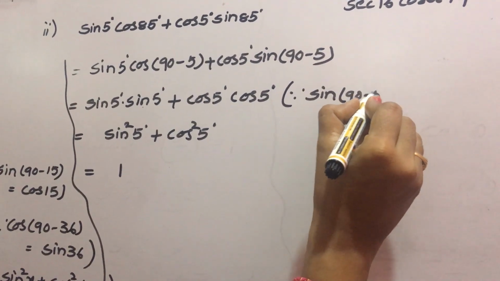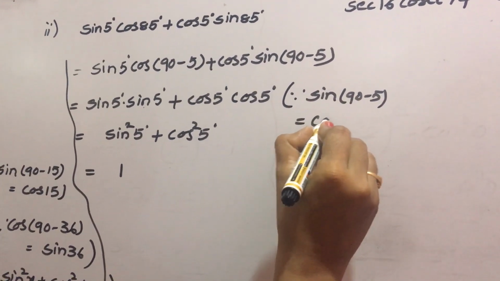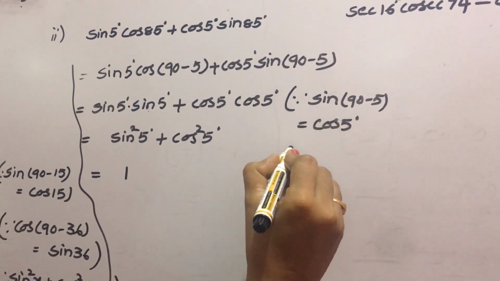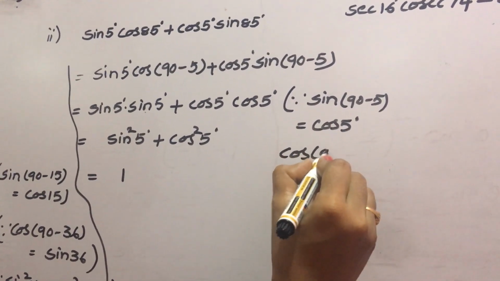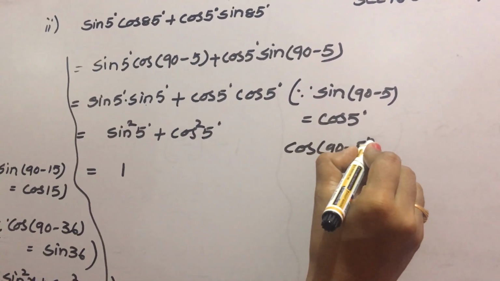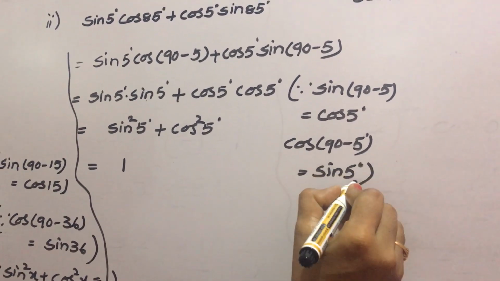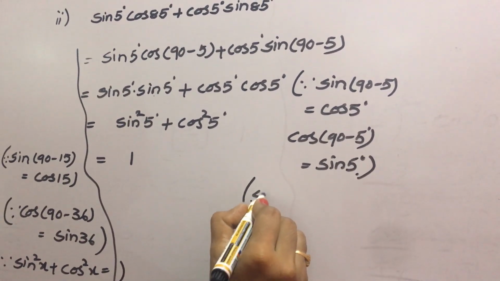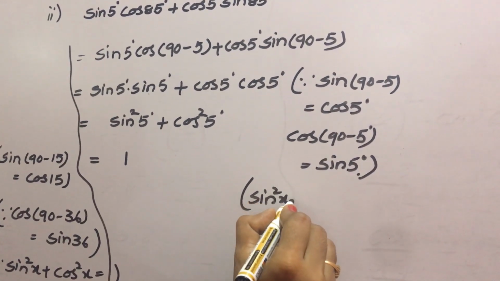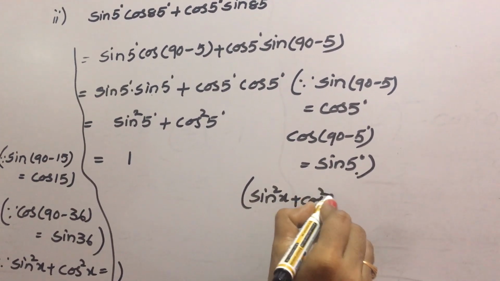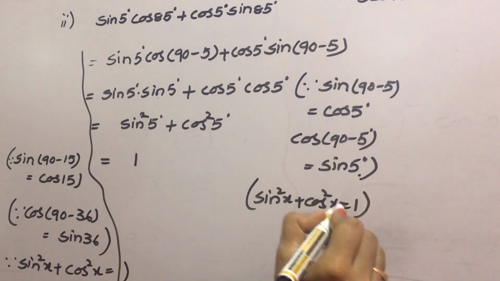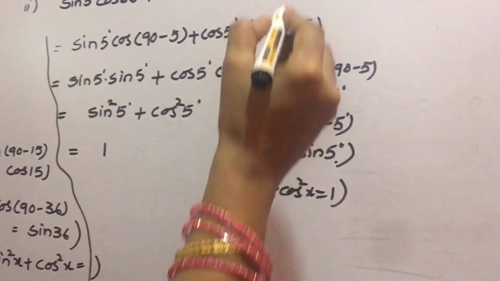Sin (90 minus 5) is equal to cos 5 degrees and cos (90 minus 5 degrees) is equal to, we know, sin 5 degrees. Here which identity we used? First identity, sin square x plus cos square x is equal to 1. This value is also 1. Now we will see the third problem.